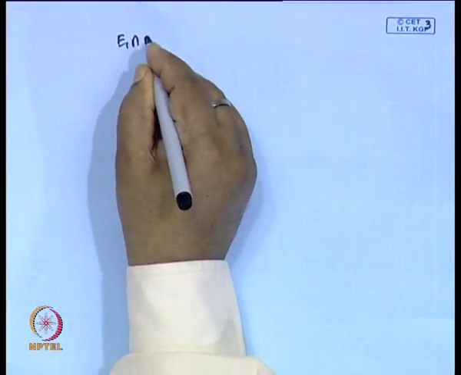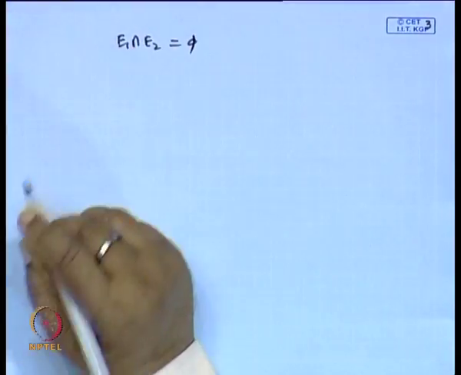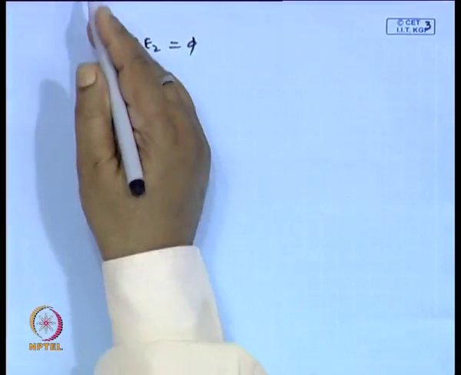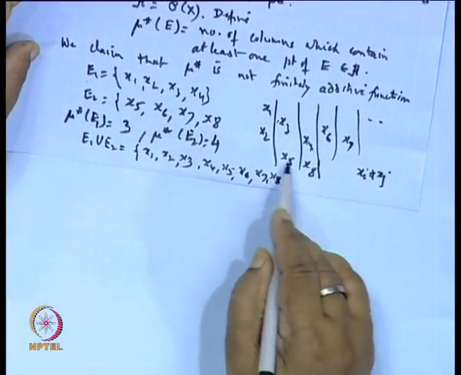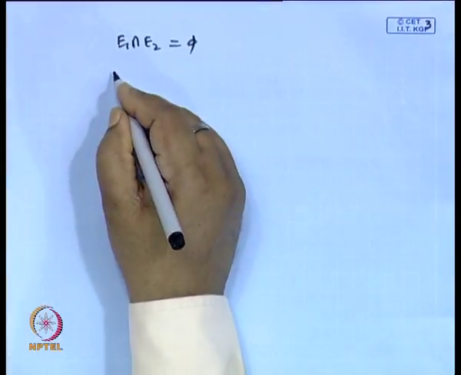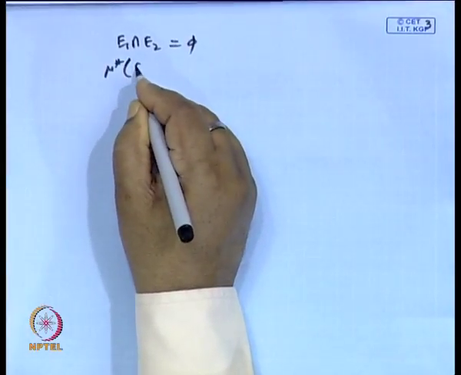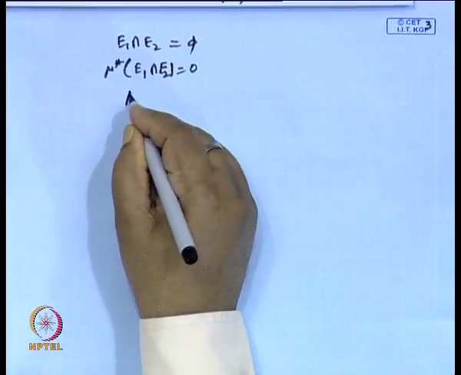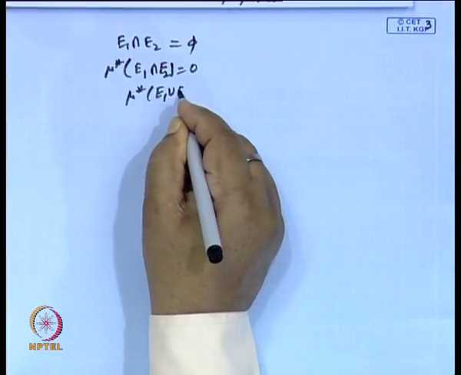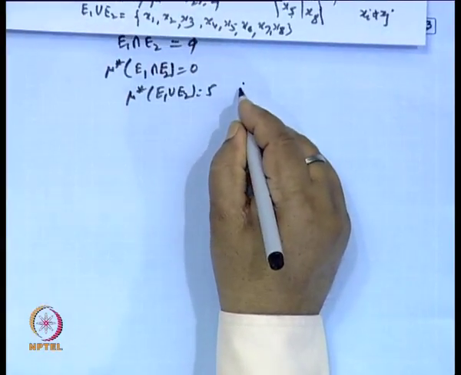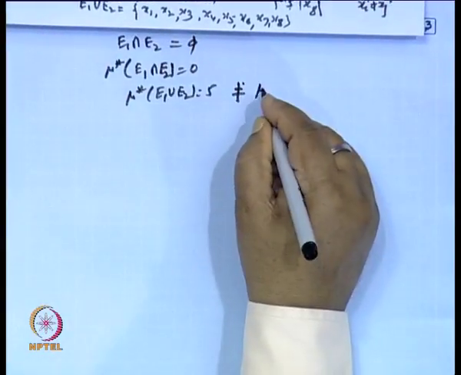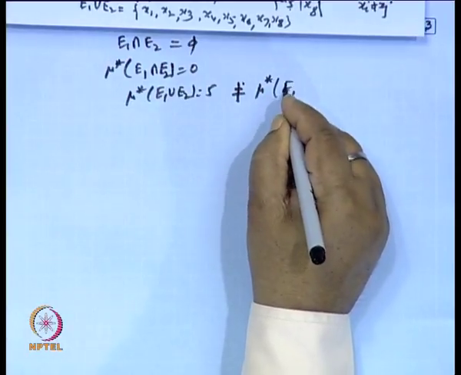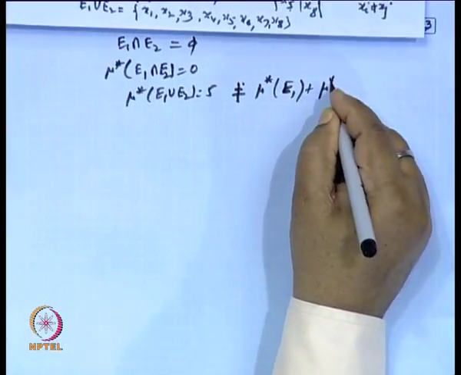So, E1 intersection E2 is empty, they are disjoint, and E1 union E2 requires 1, 2, 3, 4 and 5 columns. So, the outer measure of E1 intersection E2 is 0, while mu star of E1 union E2 is 5, which is not equal to mu star of E1 plus mu star of E2.